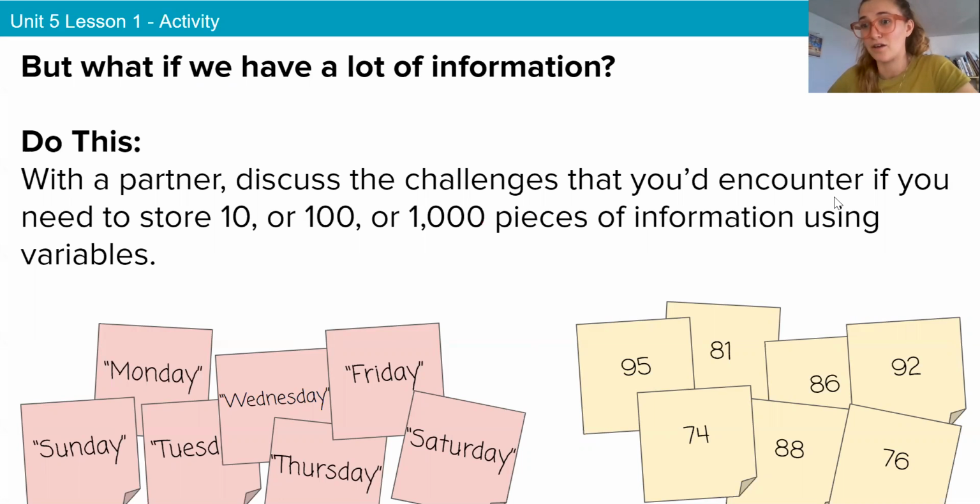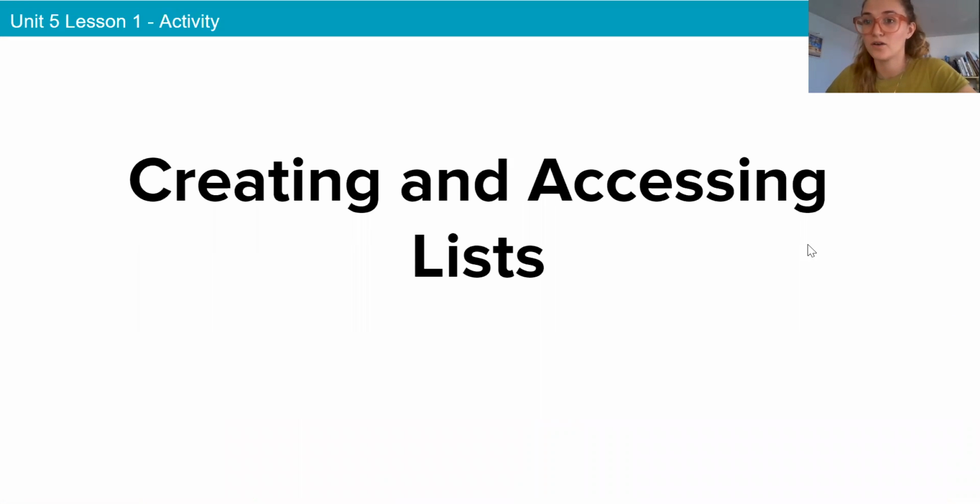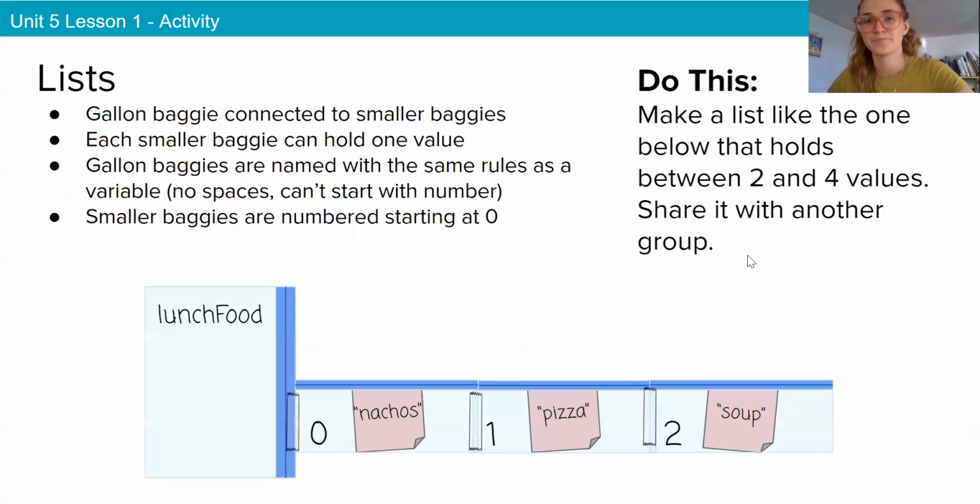I think it would get kind of confusing, especially the naming of all those different variables would get really convoluted and would be difficult to go back and look at your code and know what this variable meant. And so rather than going that route, we can create and use lists instead.